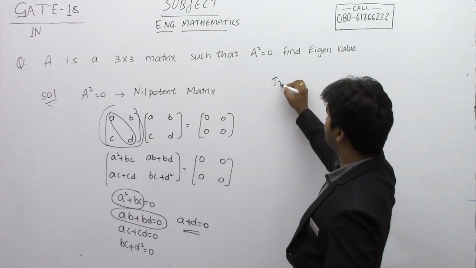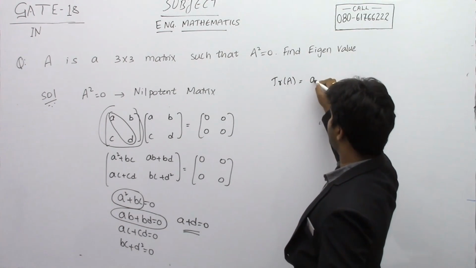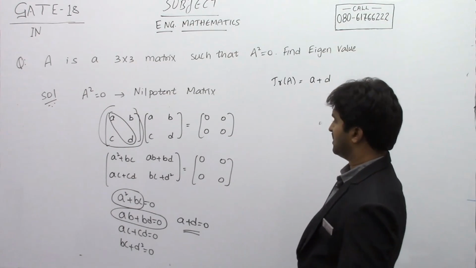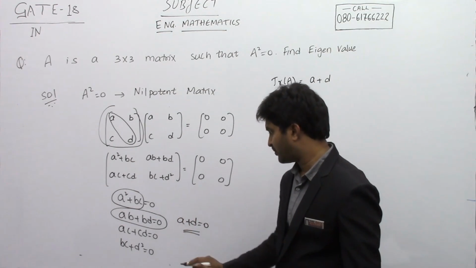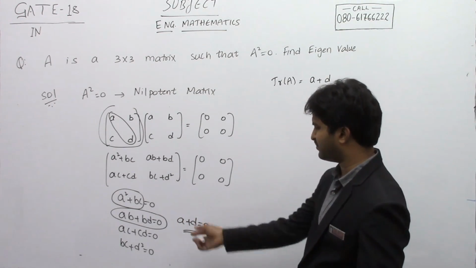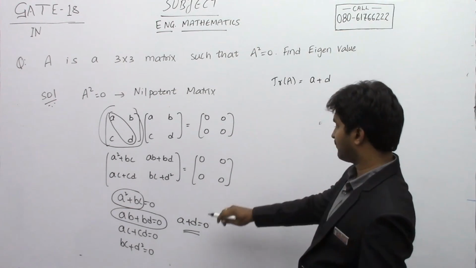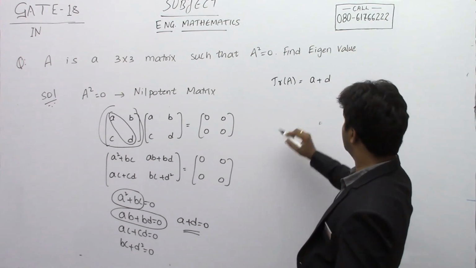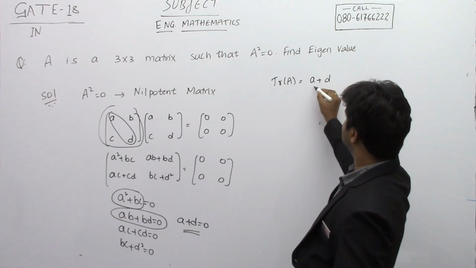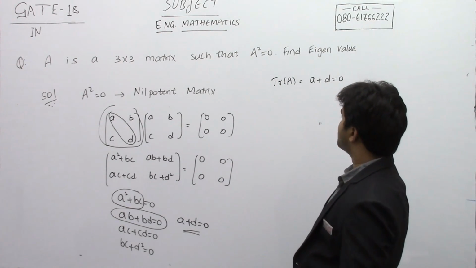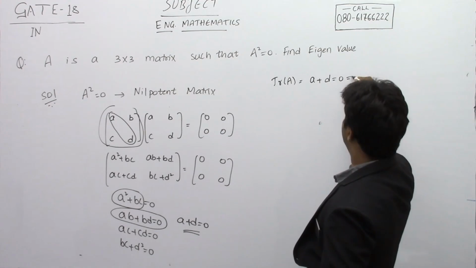Here it is equal to 0. So trace is equal to 0, which means that the sum of eigenvalues is equal to 0. That is a property of the eigenvalue.